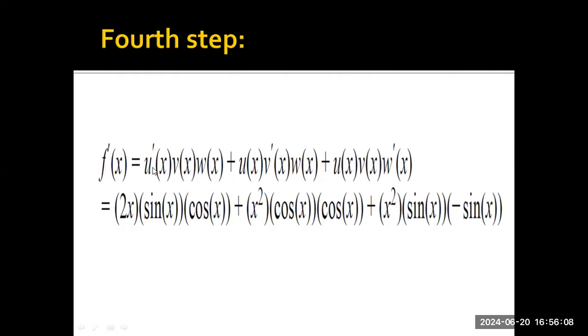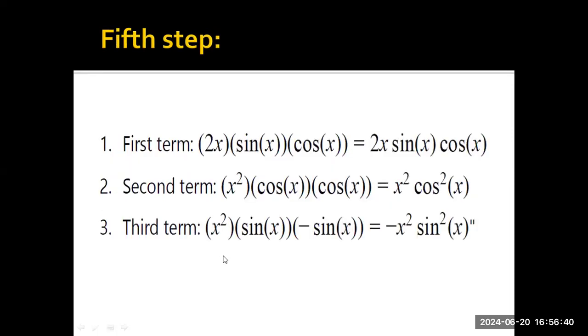So we know very well that u prime of x is equal to 2x, the v prime of x equals cosine of x, and the w prime of x equals negative sine value of x. The rest of the terms are just copied and pasted.